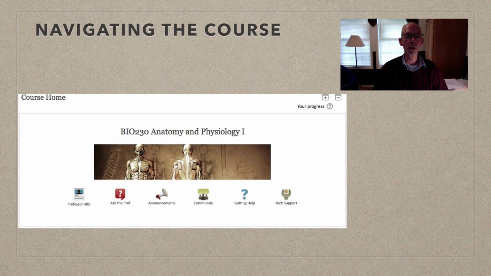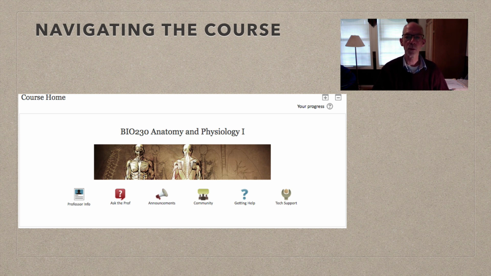Up at the top, you can also see professor info. You can click on Ask the Prof if you want to ask me a question. Announcements, this is important. This is what I'll use to send out emails to you. So if you get an email from me and then you lose that email or can't place it, you can just go up to the announcements section, click on that, and you'll see all of the announcements that were sent out via email.